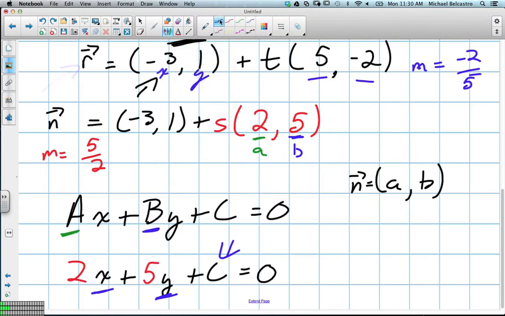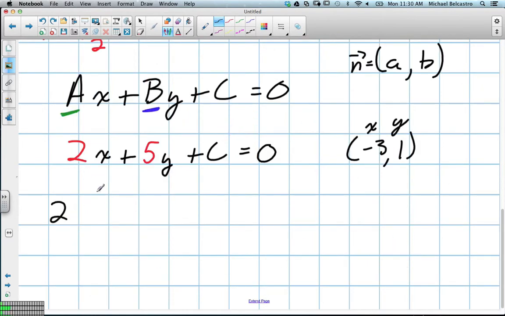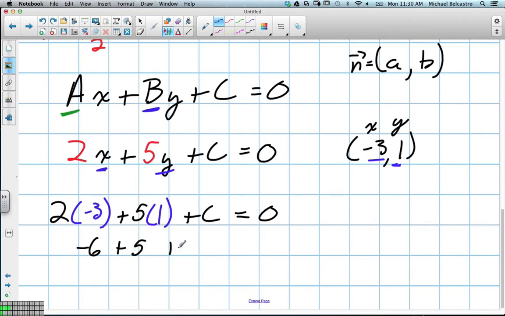So the coordinate in our vector of negative 3 and 1, being an x and y value, we can plug directly in. So we have 2 times our x value of negative 3 plus 5 times the y value of 1 plus c is equal to 0, which will give us negative 6 plus 5 plus c equals 0, which will give us negative 1, and we bring it over, c is equal to 1.